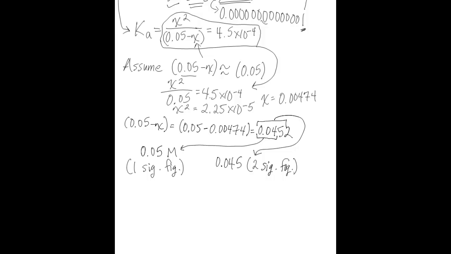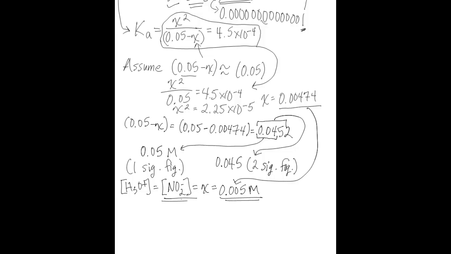So now all you need to do is go back to your ice table and solve for the concentrations of all species present. You know from your ice table that the concentration of the hydronium ion and also the concentration of nitrite is equal to x, and we've already solved for x here, and rounding that to the correct number of significant figures, we have a value of 0.005 molar for these two concentrations.